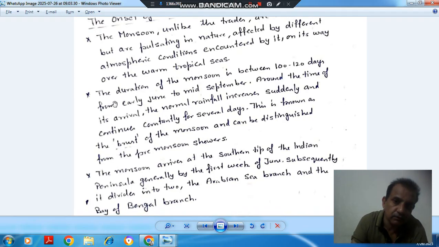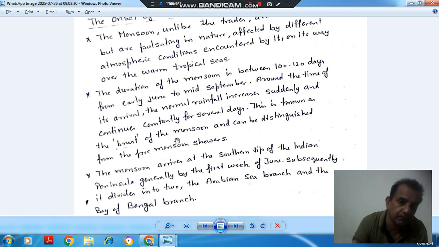Second point is the duration of monsoon is between 100 to 120 days from early June to mid September. So this is the duration of monsoon in India. Around the time of its arrival, the normal rainfall increases suddenly and continues constantly for several days. So this is known as the burst of monsoon.